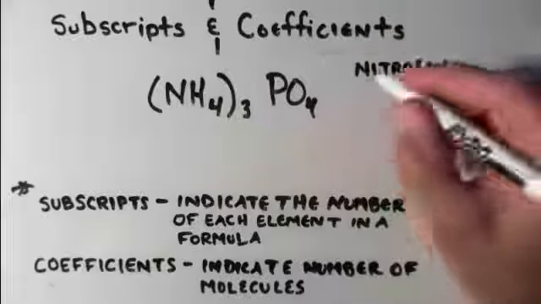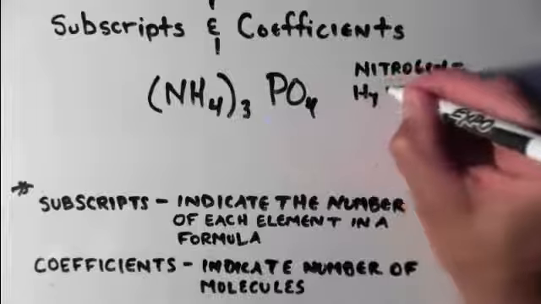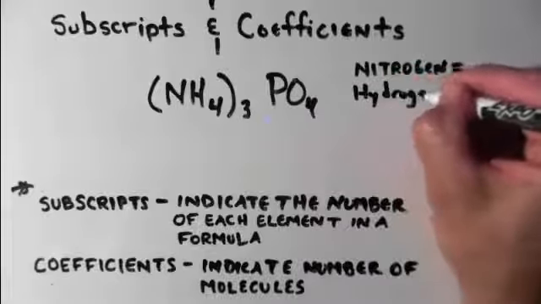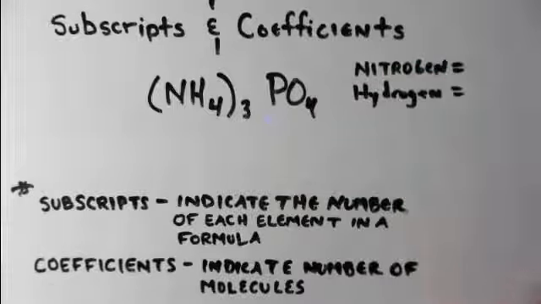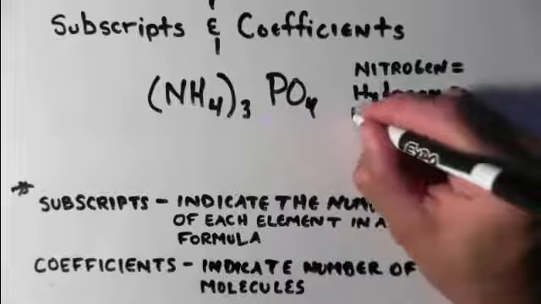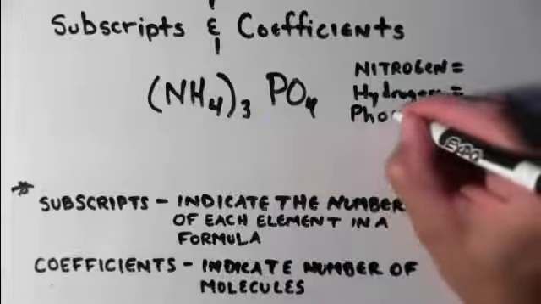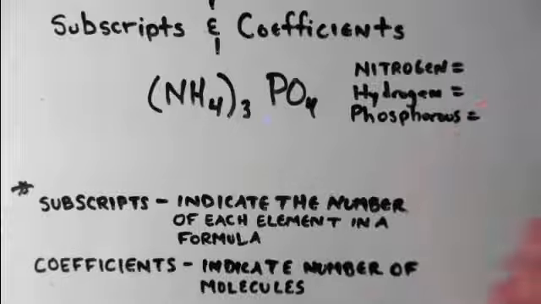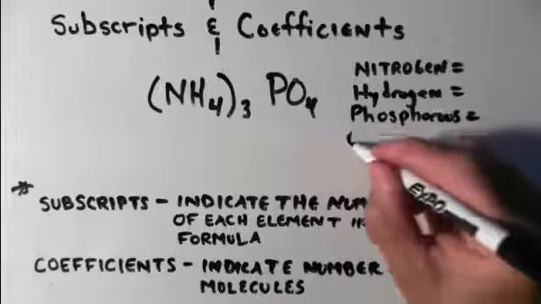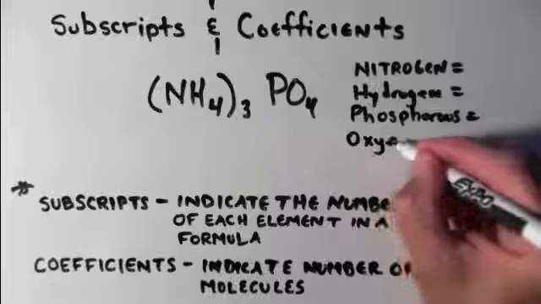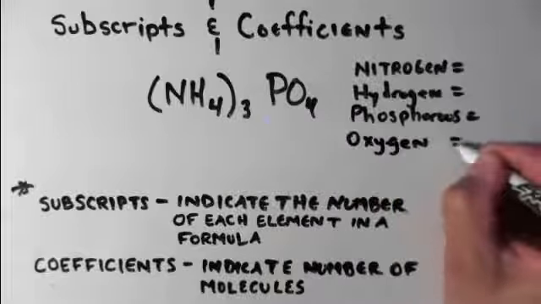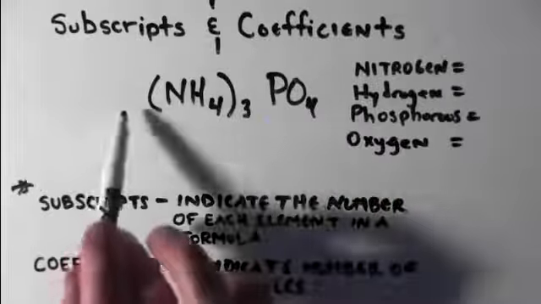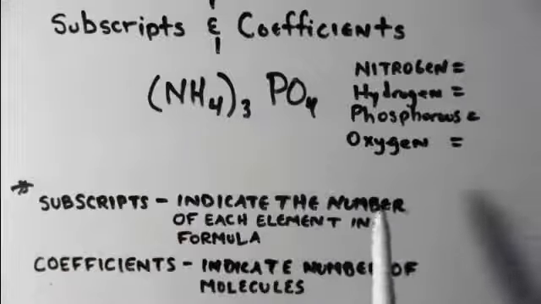I have hydrogen present. I have phosphorus. And I have oxygen present. There's no coefficient, so it's understood to be 1.